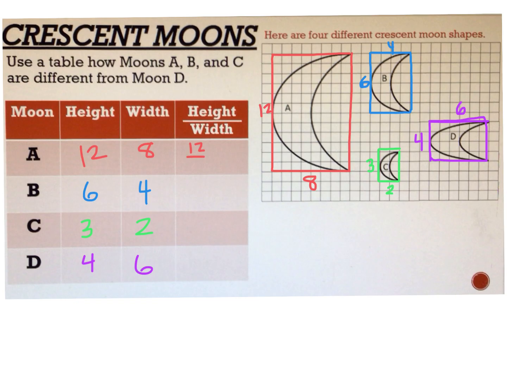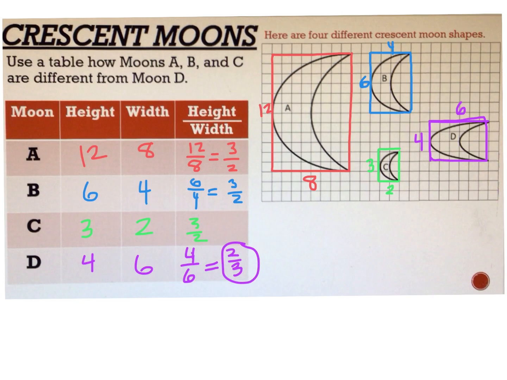So 12 over 8, we could simplify to 3 over 2. And for the next one, we have 6 over 4, which we could simplify to 3 over 2. And the next one, we have 3 over 2, which is already simplified. And then finally, the 4 over 6 would actually end up simplifying to 2 over 3.